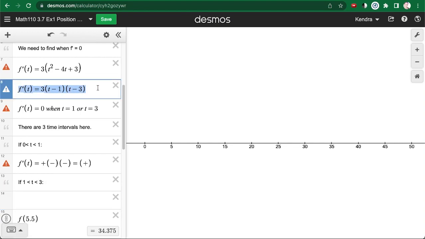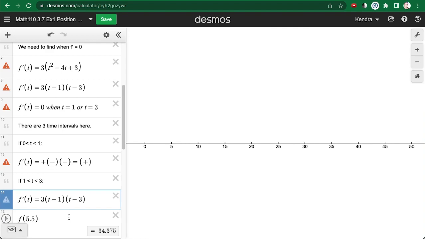So f prime of t, again, is 3 times t minus 1 times t minus 3. So that 3 is always positive. If t is bigger than 1, then t minus 1 is positive. And if t is less than 3, then t minus 3 is a negative number.